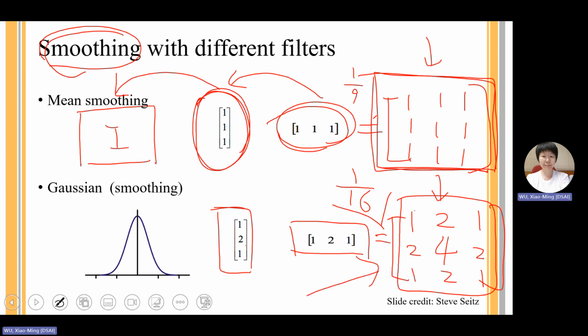Gaussian filter is like the standard filter for smoothing. What is the difference between the Gaussian filter and the moving average filter? You observe that for the Gaussian filter, the central element has the largest weight, and then the second largest weights are those 2s.